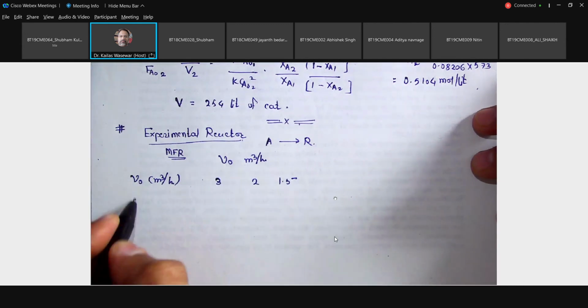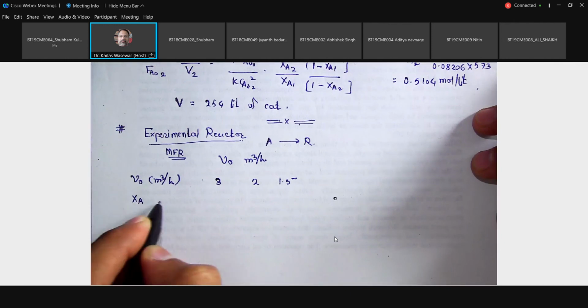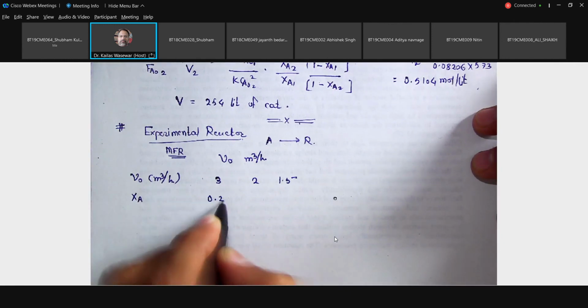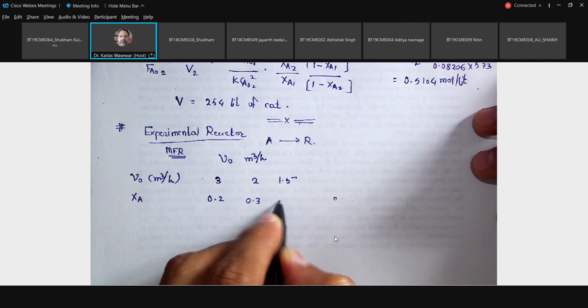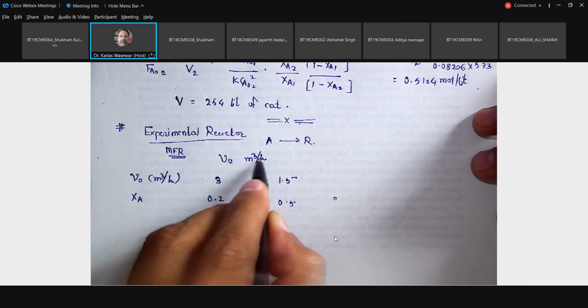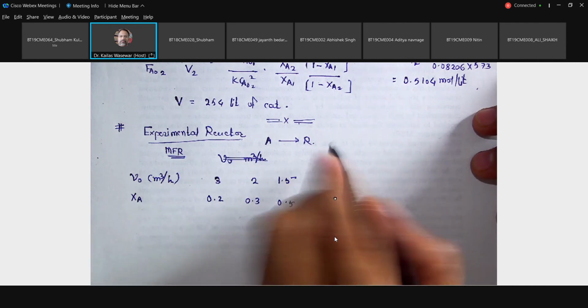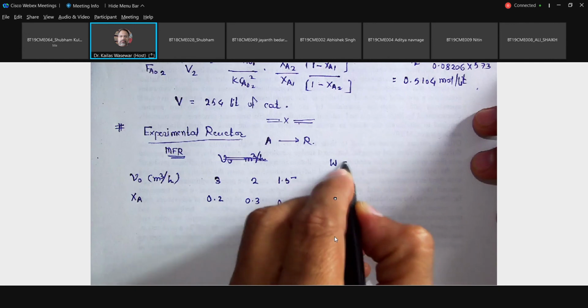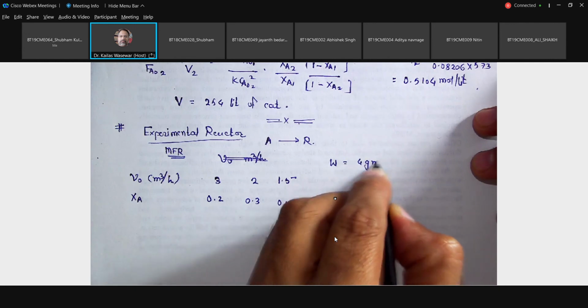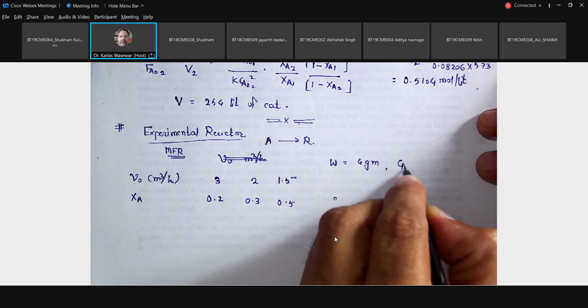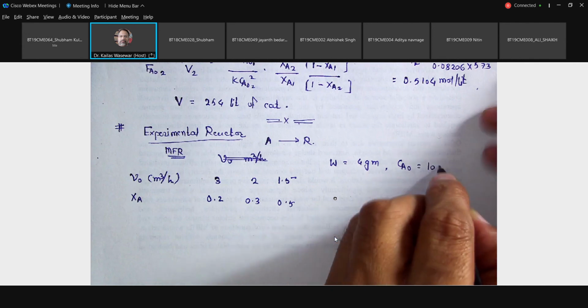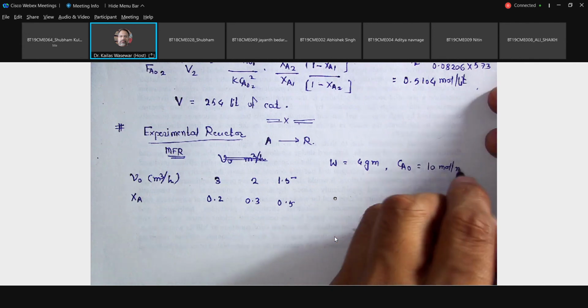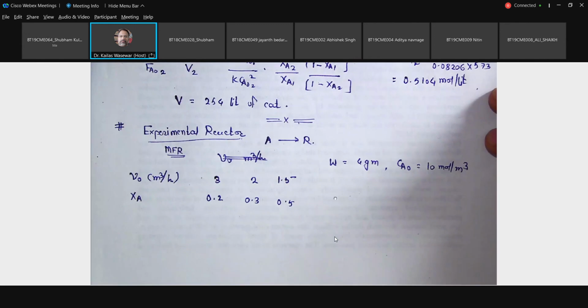XA is observed, and that is 0.2, 0.3, and 0.5. For this particular case, fix the weight of the catalyst, that is 4 gram, and initial concentration as 10 mole per meter cube. Now we have to find out the rate expression.